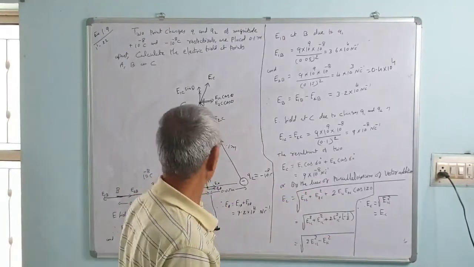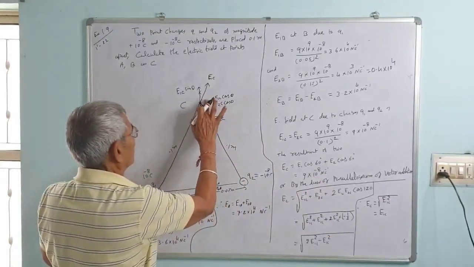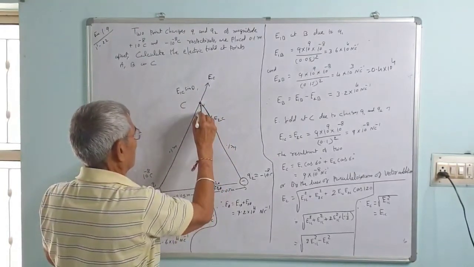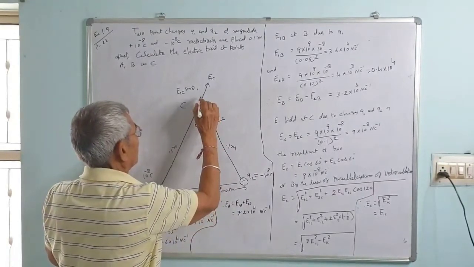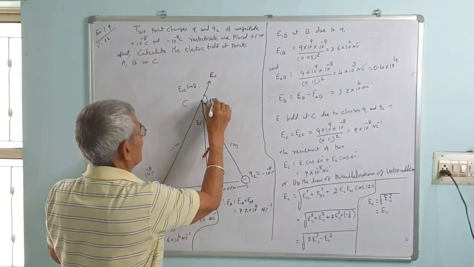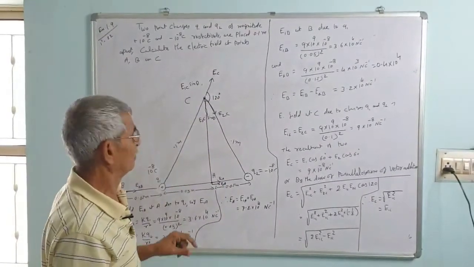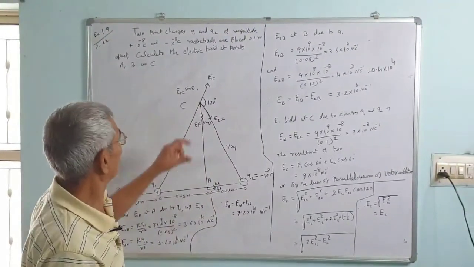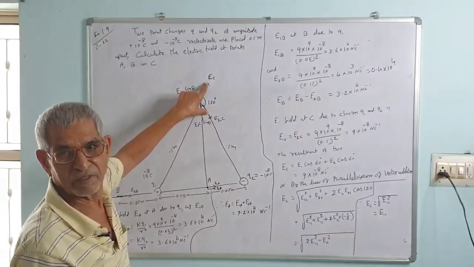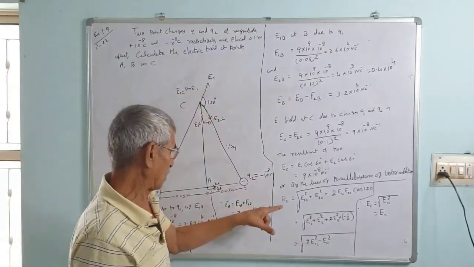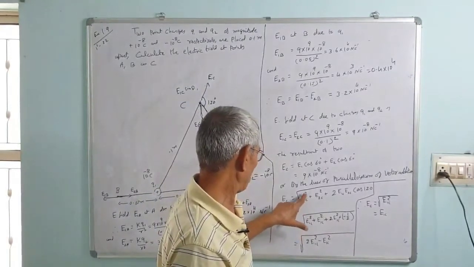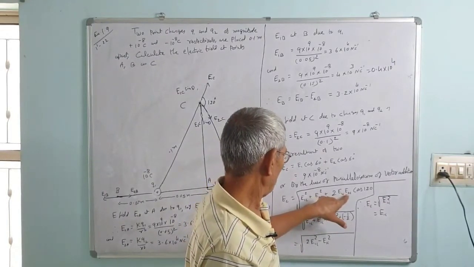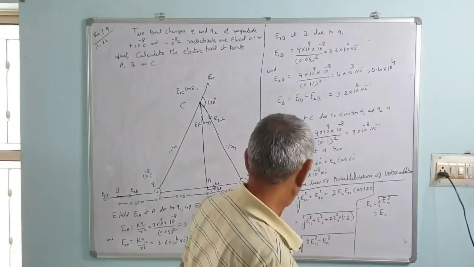Or you can calculate by the parallelogram law of vector addition. What is the angle between these two? The angle between them is 120 degrees. When the angle between two forces is 120 and the magnitude of each force is also the same, then the resultant will be equal to either of the forces. Or you can calculate EC as the square root of E1C square plus E2C square plus 2 E1C E2C cos 120.